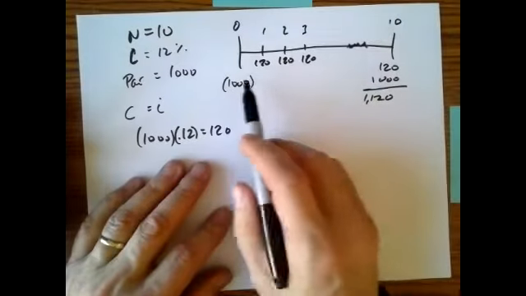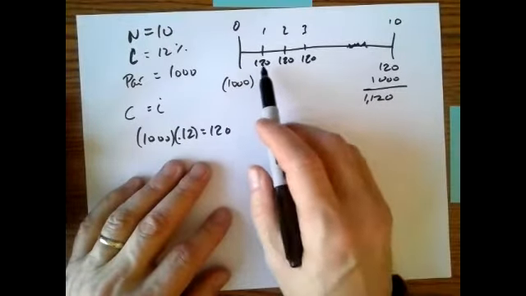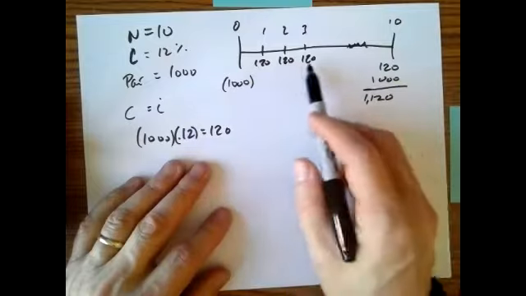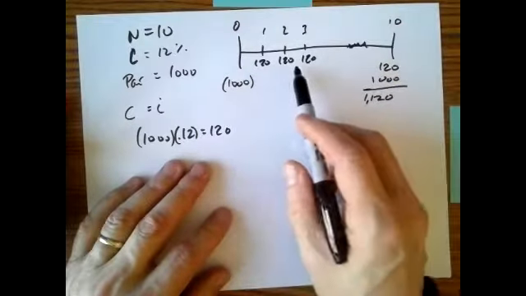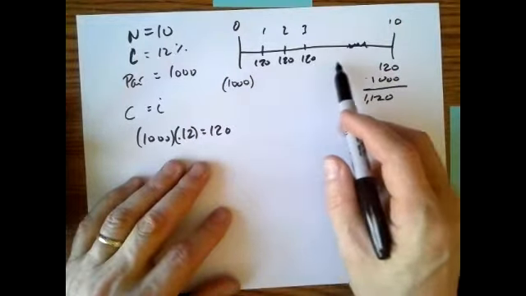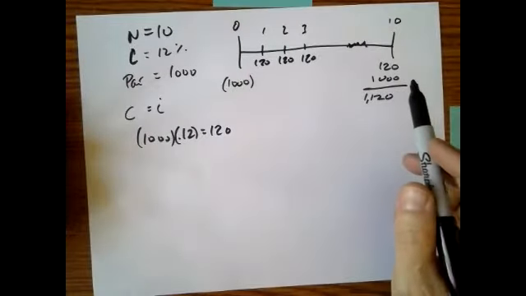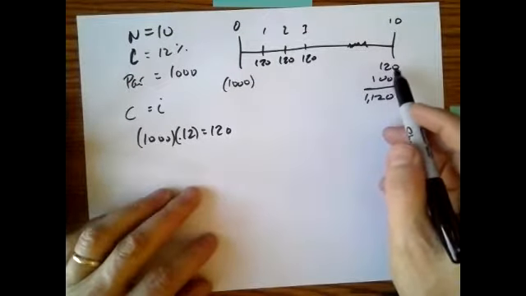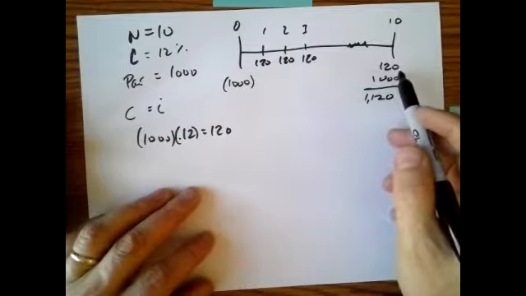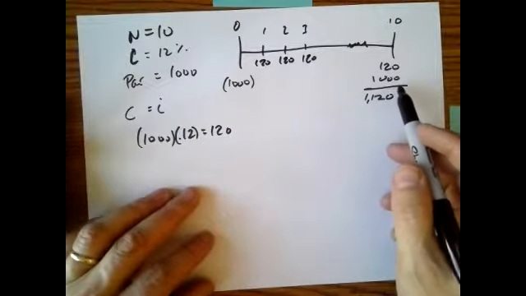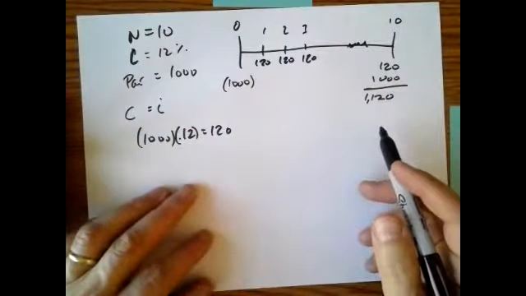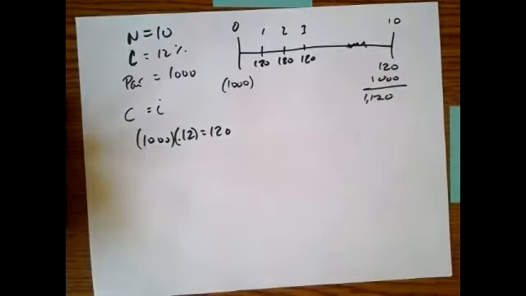So what you're buying with this bond is a stream of $120 cash flows, and then at the end, a combined cash flow of one last $120 coupon plus $1,000 of par value back. Okay, that's our basic bond.